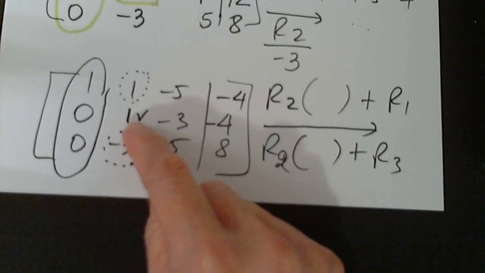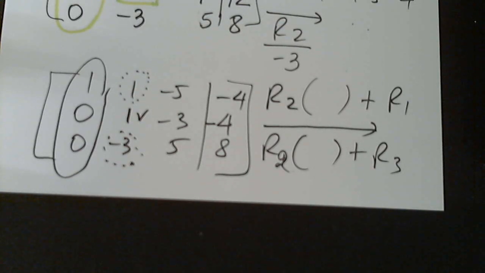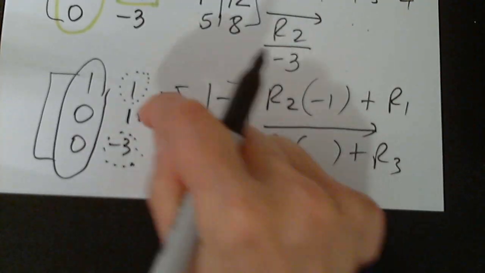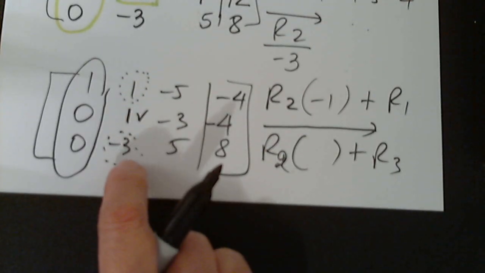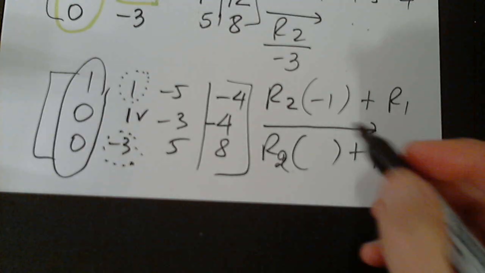So what do I multiply this by to get a 0 here? Is it negative 1? Of course. What do I multiply this by to add it here and get the 0? Three. Yes, of course.